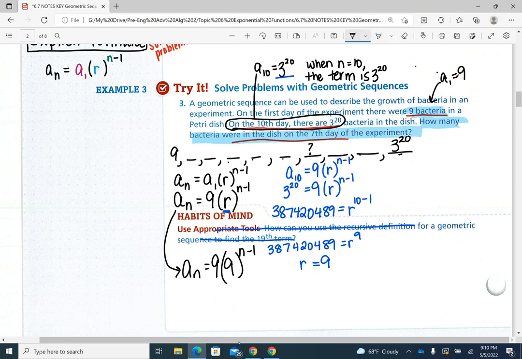So that's asking me, what is a sub 7? Which means I'm going to substitute 7 in for n. So a sub 7 is going to be 9 times 9 to the 7 minus 1.